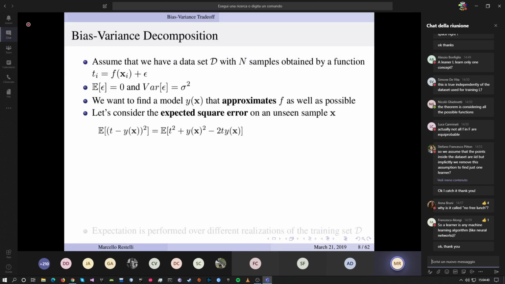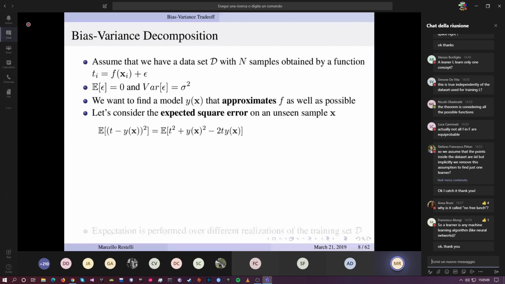In this case, in particular, we are considering the expected square error only on the input datum x. So we are not considering the loss over all the input space. We are just focusing on one single input. Of course, then you can generalize over all the input space, but just to keep things simple, focus on one point that was not in the training set.